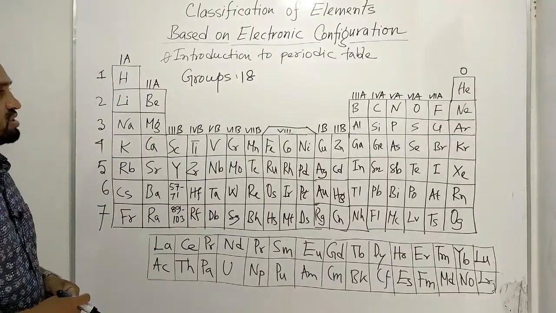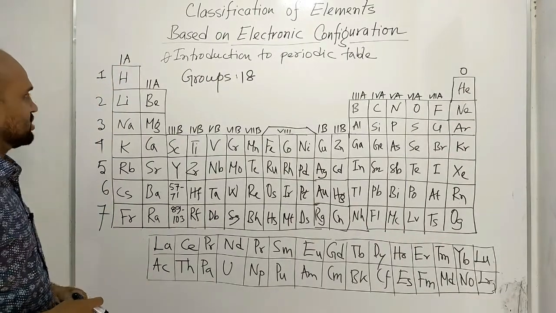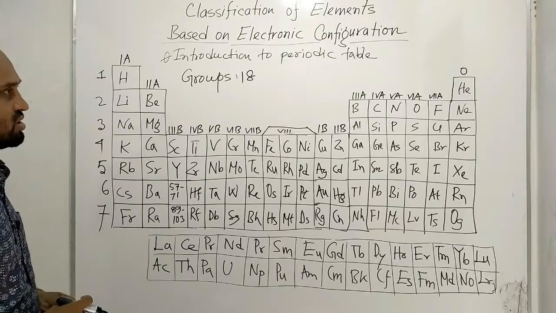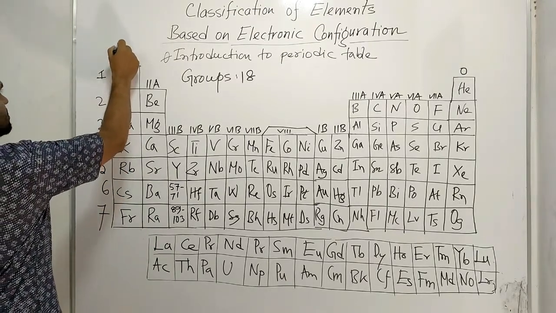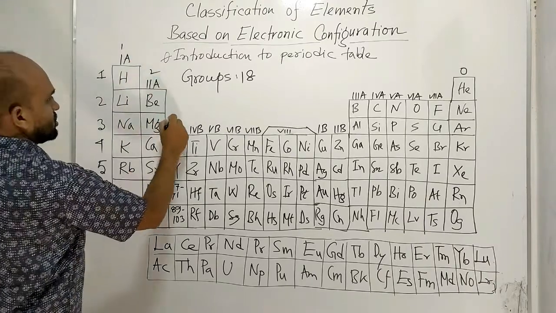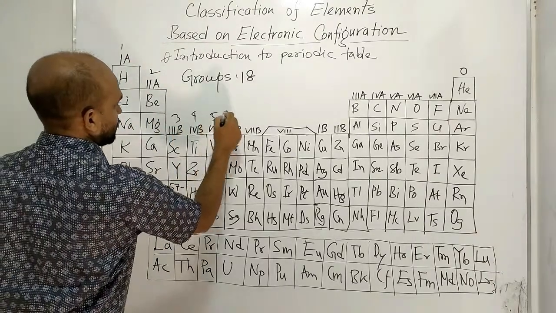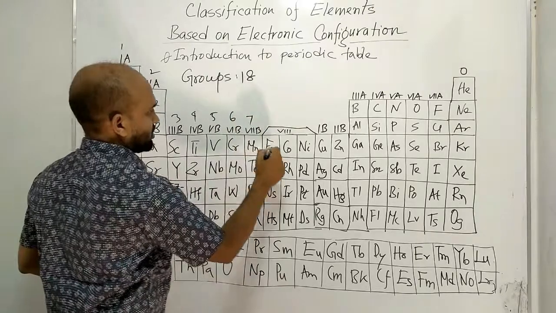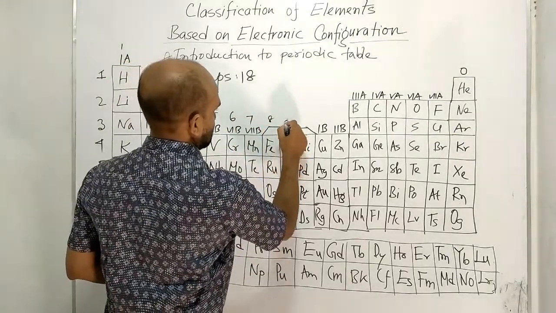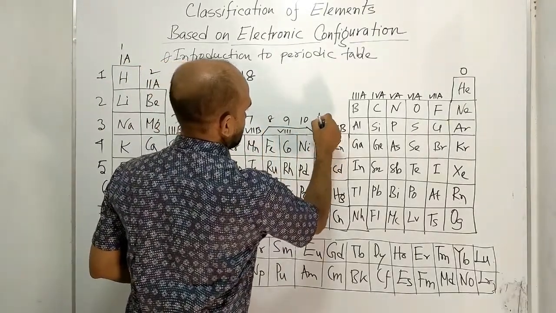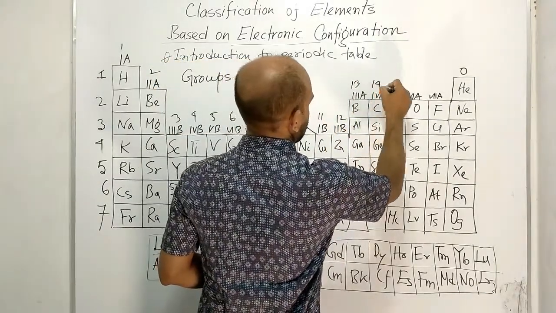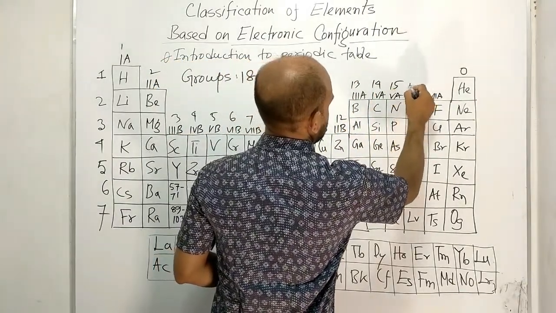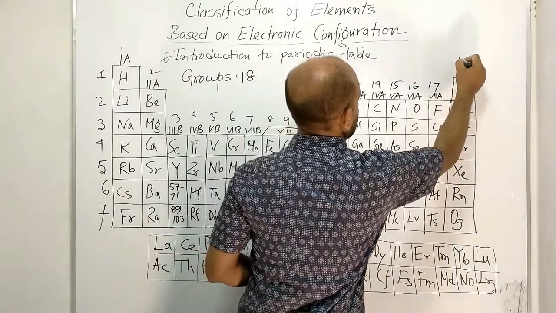And in the most modern periodic table, these columns are named as just 1 to 18. This is 1, 2, 3, 4, 5, 6, 7, 8, 9, 10, 11, 12, 13, 14, 15, 16, 17, and 18.